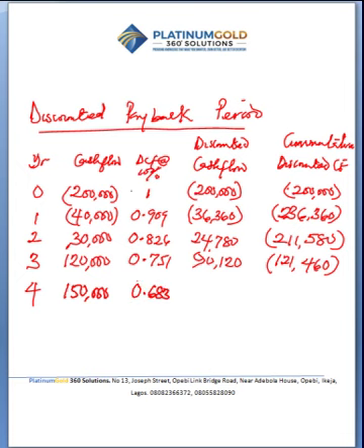Okay, so 150,000 times 0.683, that is a present value of 102,450 out of 121,460 that is left. So the company has 19,010 naira left to recover at the end of year 4.